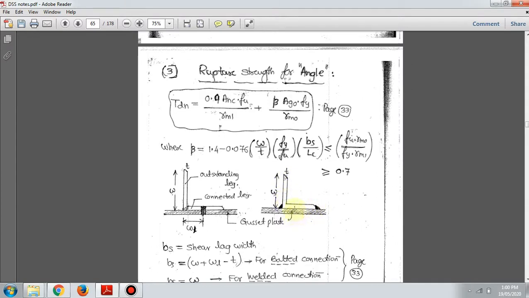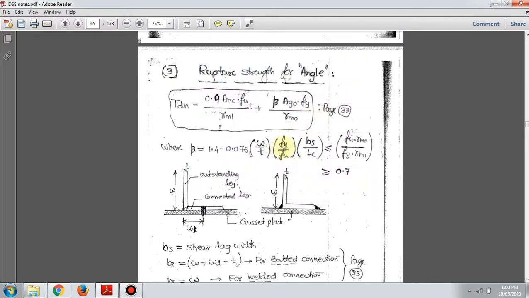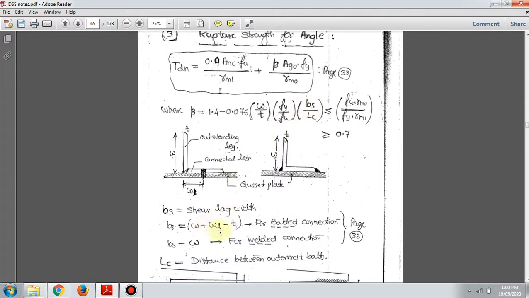The same applies when welding is given. In case of welding, one leg is outstanding and one is connected, but there are no bolts here, so the wL value will be 0. Here w is the outstanding leg width and t is the thickness of the angle section. fy is the yield strength and fu is the ultimate strength.